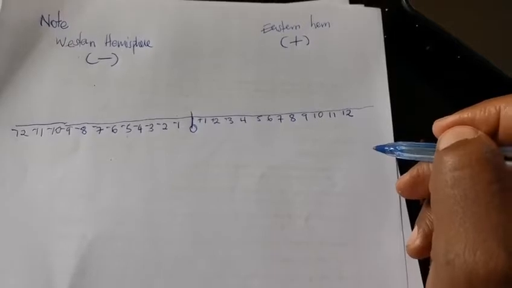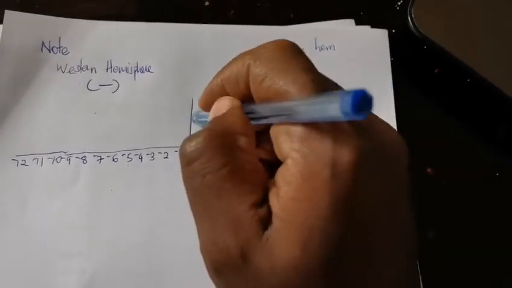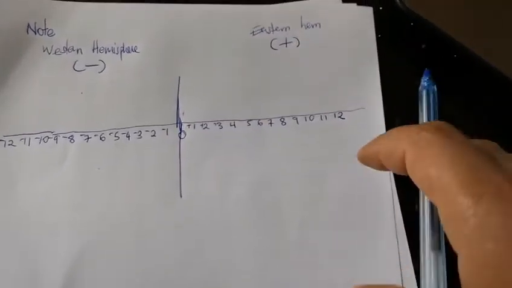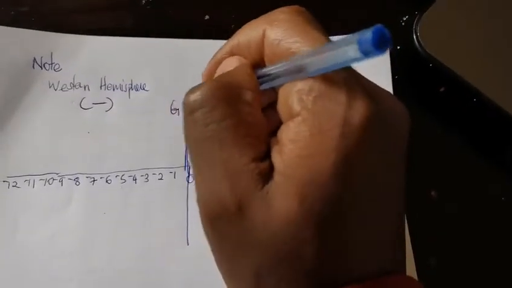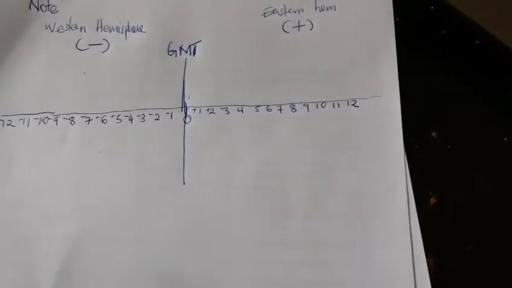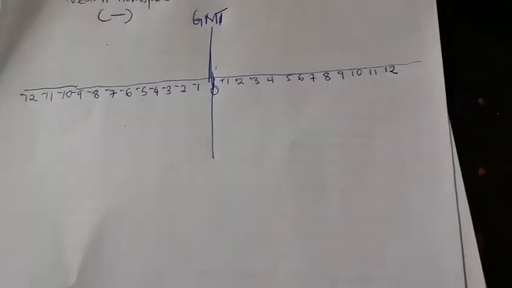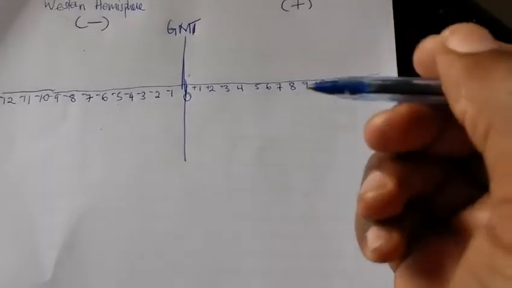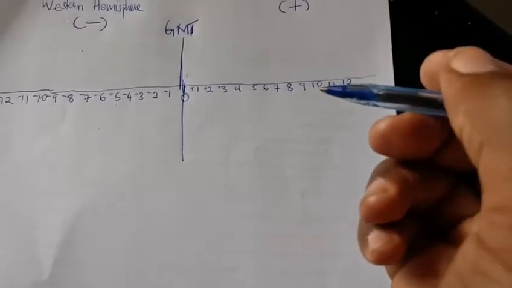So we divide our grid and we mark this GMT. What things do we need to note here?